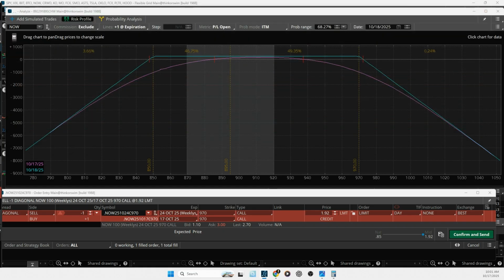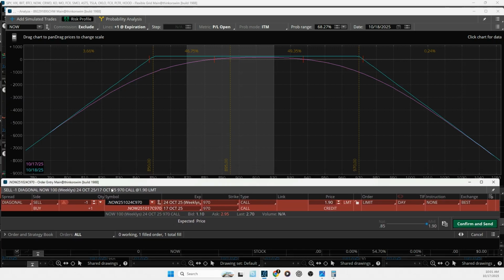That's not what I wanted. That's a strategy book, yes. Boy, I'm having a hard time figuring out where I need to detach the option chain. Sorry about that, but I like to have the option chain here.